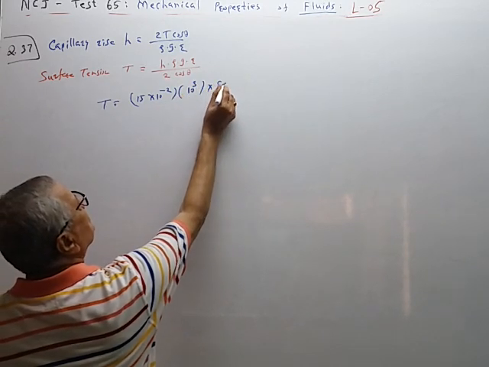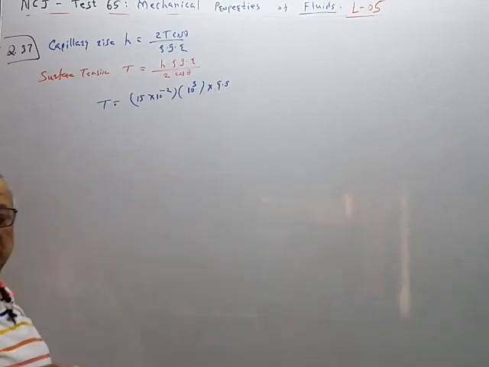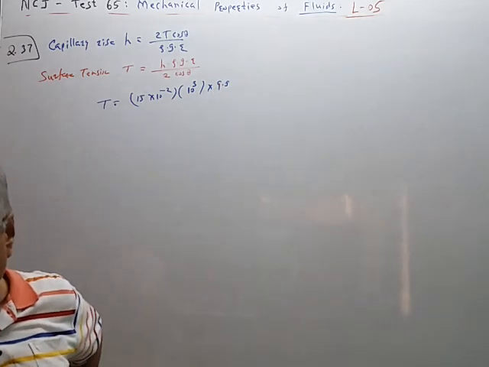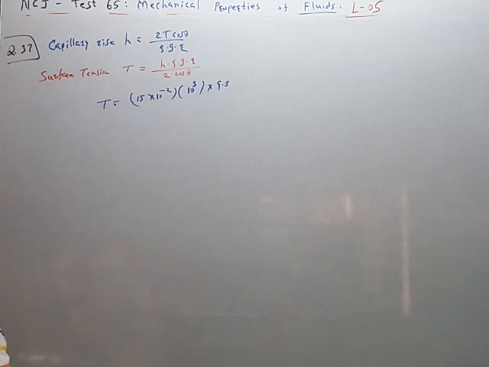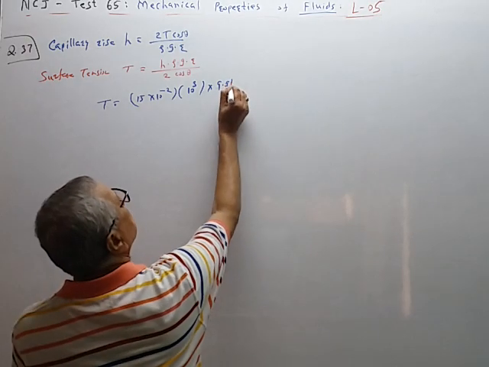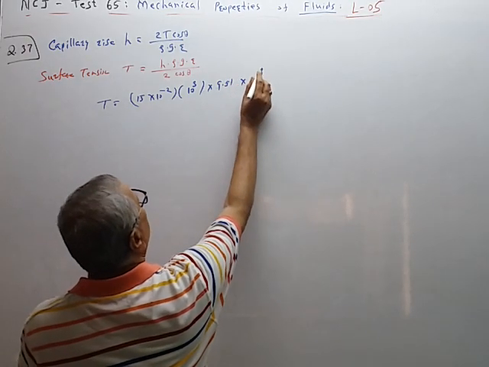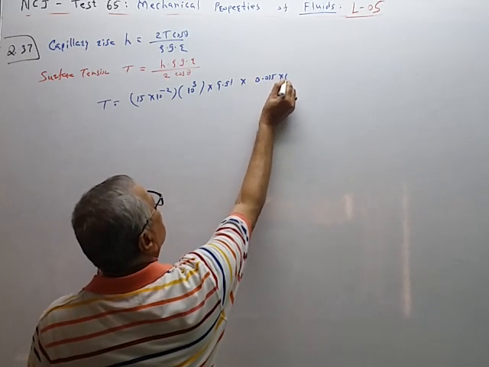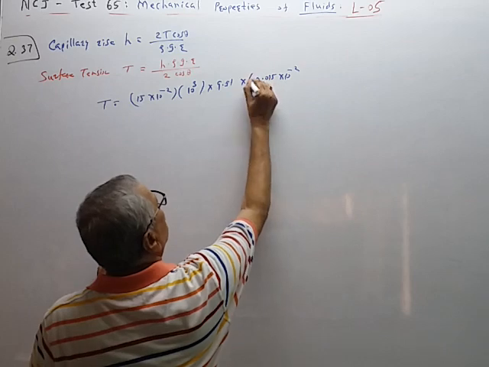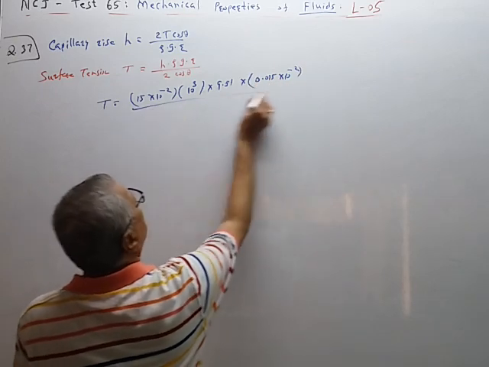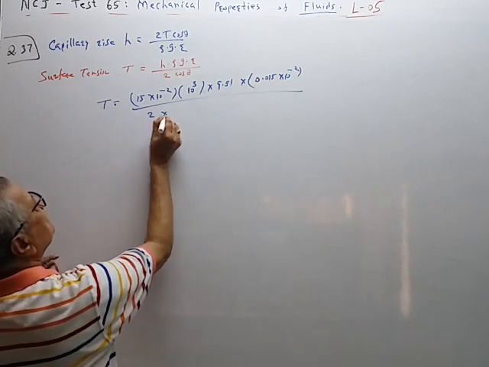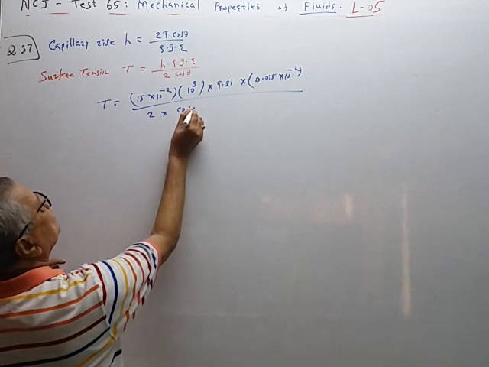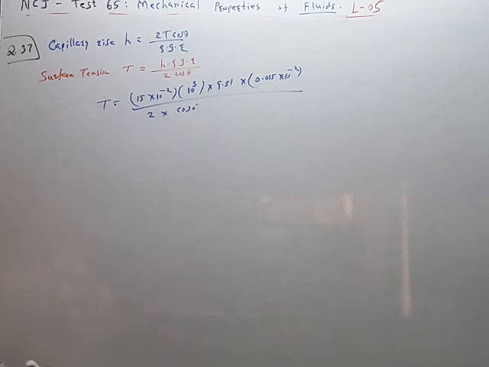G is equal to 9.8, or 9.81, it is given 9.81, multiplied by R. R is equal to 0.15 centimeter, into 10 raised to minus 2, upon 2 multiplied by cos of 0 degree, like this.